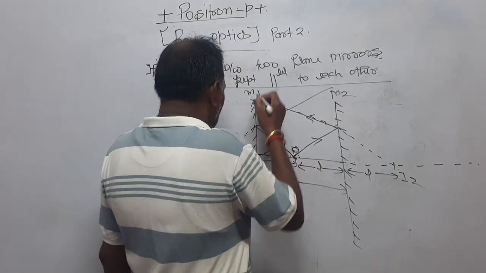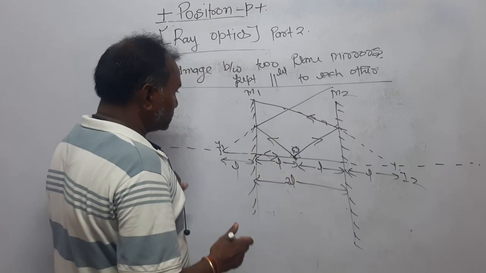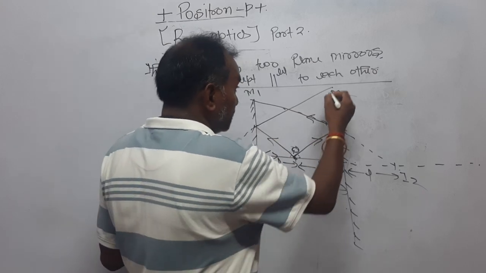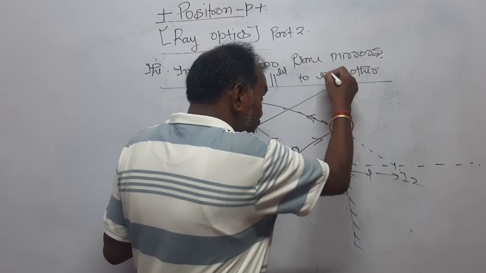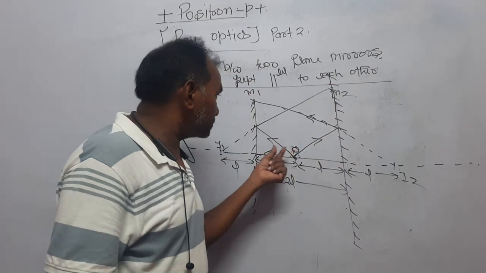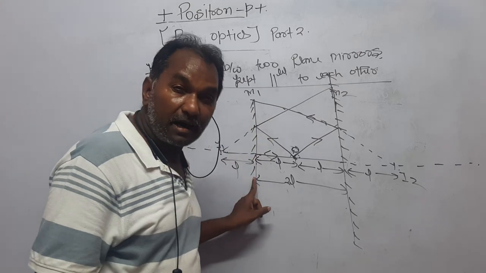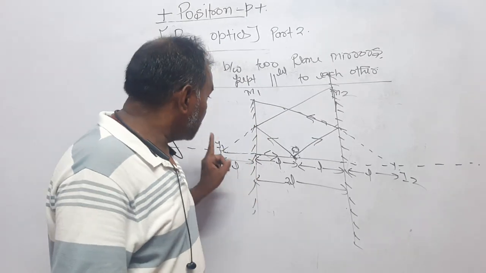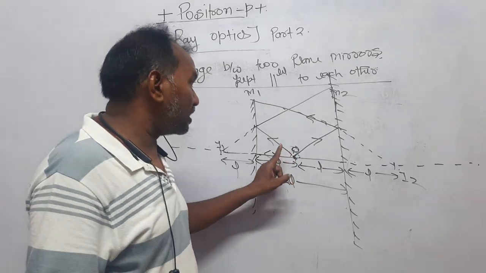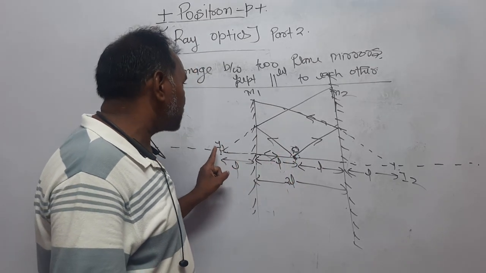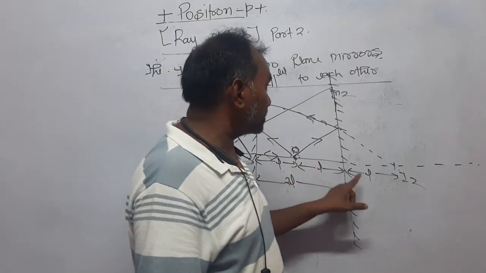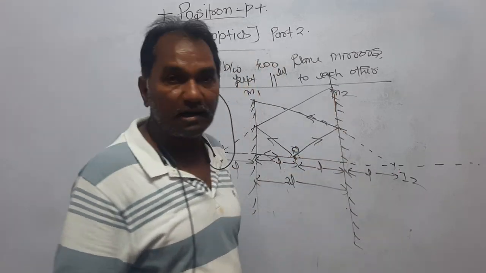Now, dear student, this image I1 will behave as a virtual object for M2. The mirror M1 has made image I1 of object O. O was the object of which the image has been made at I1 by mirror M1, and at I2 by mirror M2.